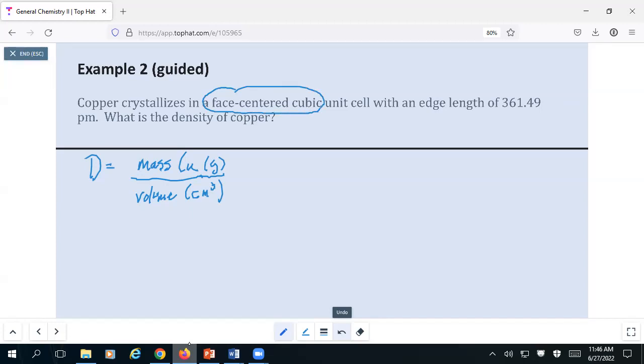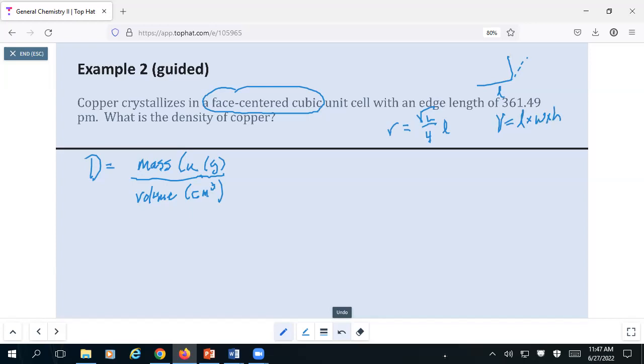First of all, we know that there's a relationship between the radius and the edge length. That could help us a little bit, although if we're dealing with a cube, we already know the edge length of the cube, and well, isn't volume length times width times height?